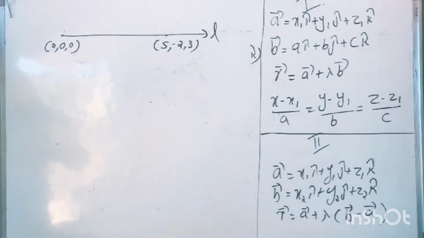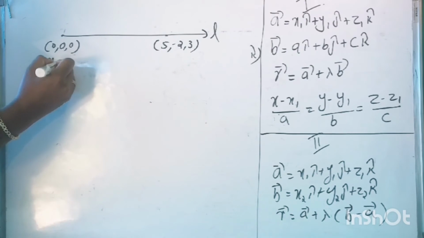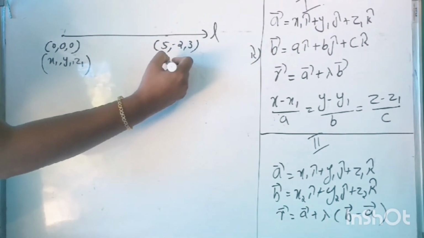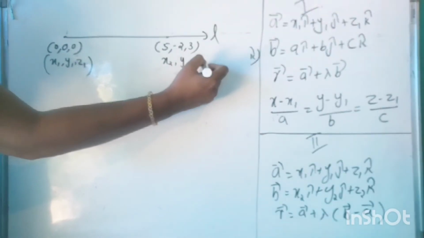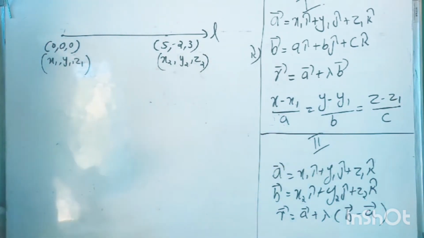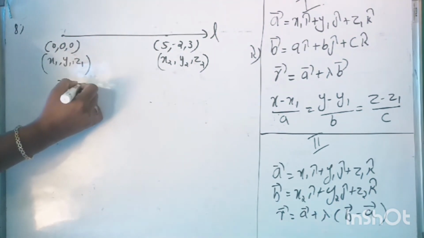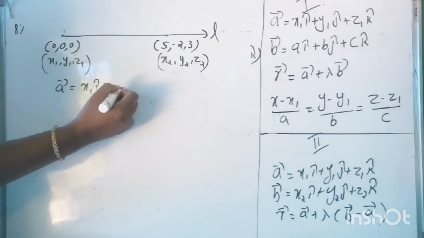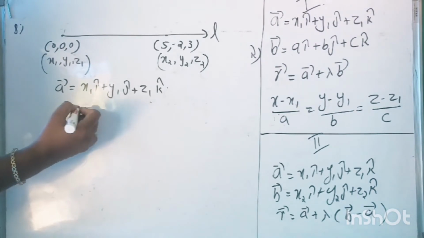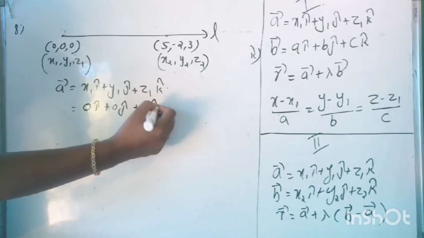Okay, this passes through 2 points. The first point we will take as x1, y1, z1, and the second we will take as x2, y2, z2. Then A vector, that is x1i plus y1j plus z1k, is equal to 0i plus 0j plus 0k.